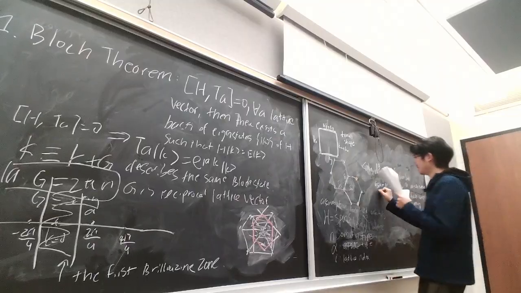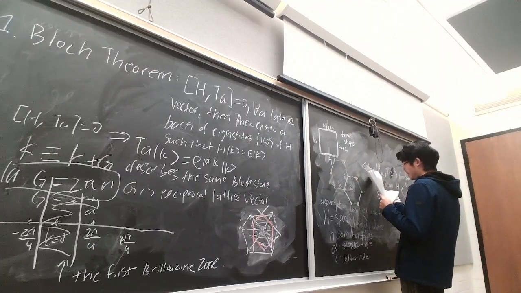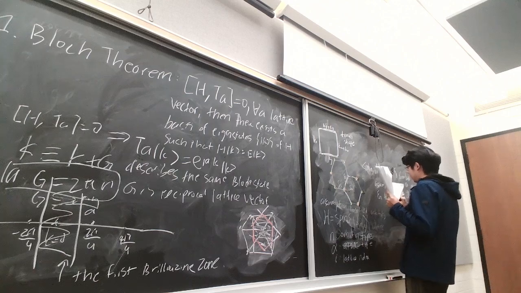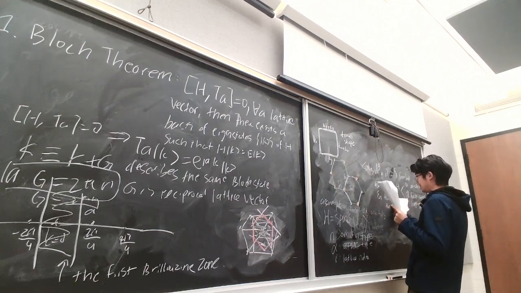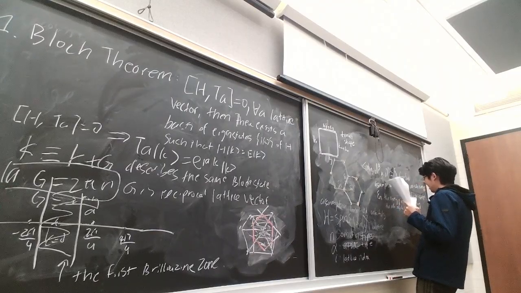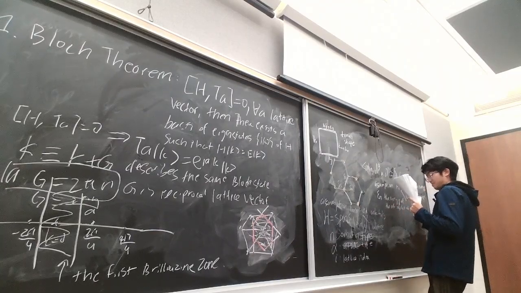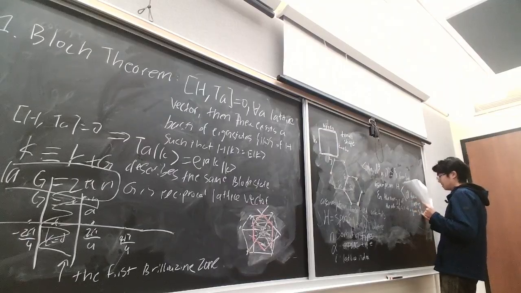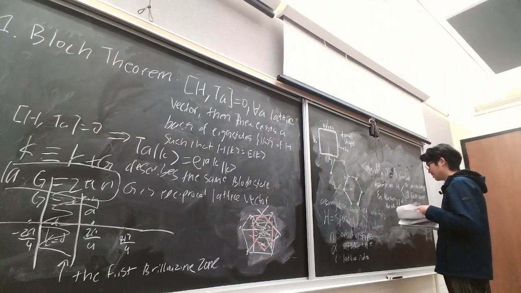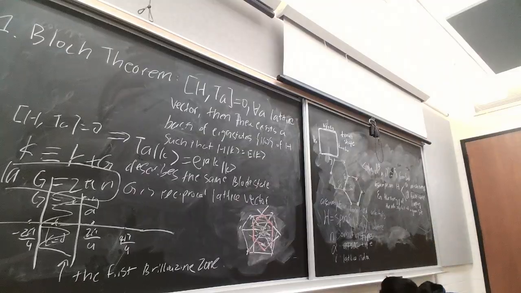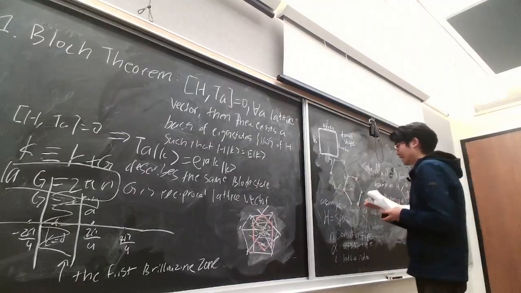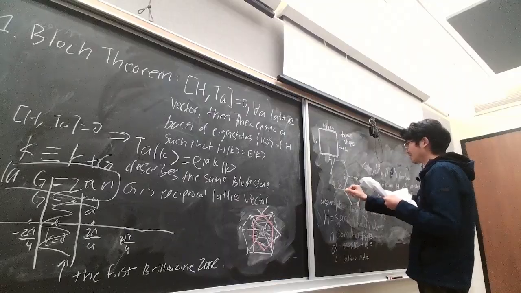And then we define epsilon n to be the energy of the nth orbital at a given site. So this means the electron mostly sits at one atom, but it can tunnel to nearby atoms.